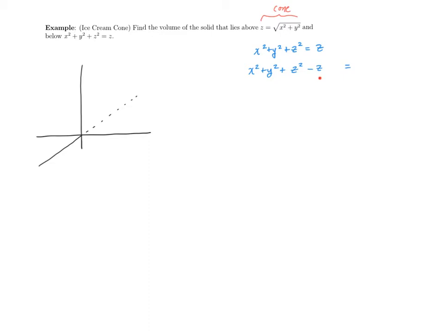But in order to figure out that new center and new radius, we would need to complete the square. That is, we'd like to figure out what constant value we can add to both sides so that we can write our equation as that of a sphere. Based upon this coefficient of z being a minus 1, this should be z minus 1/2 squared.